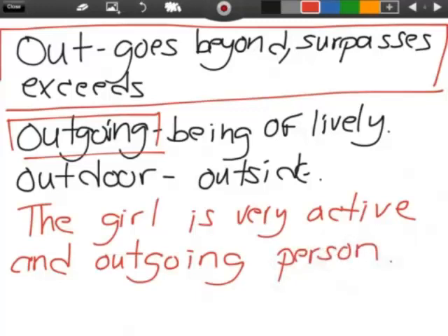I'm going to read that to you. The girl is a very active and outgoing person.